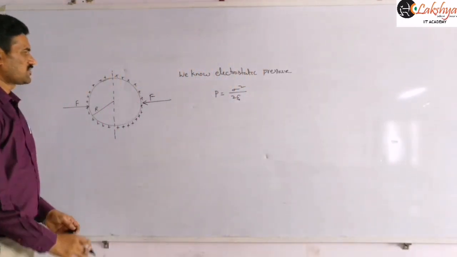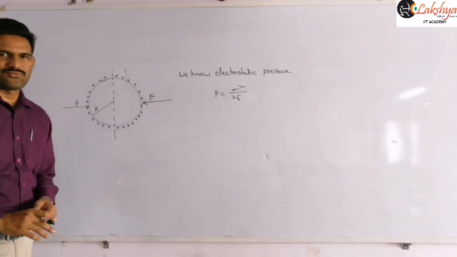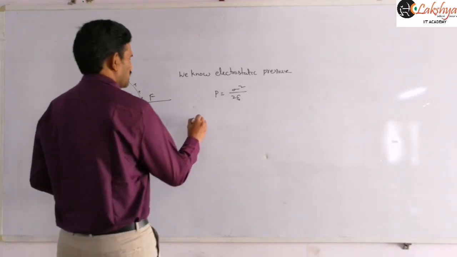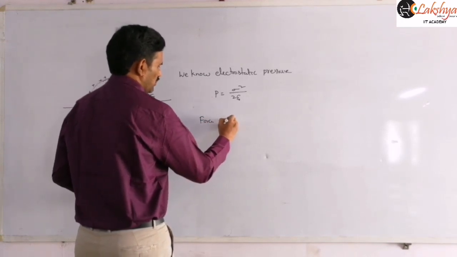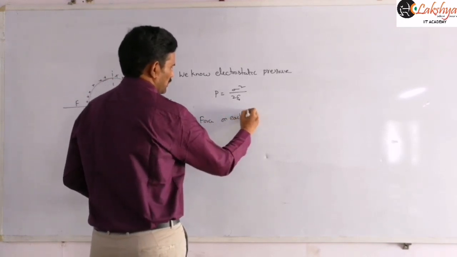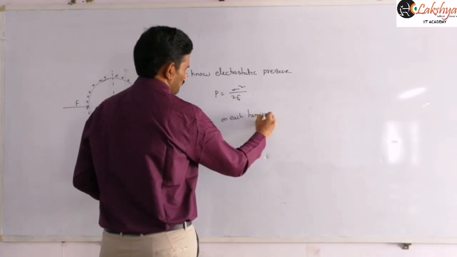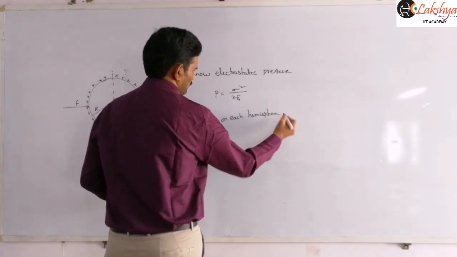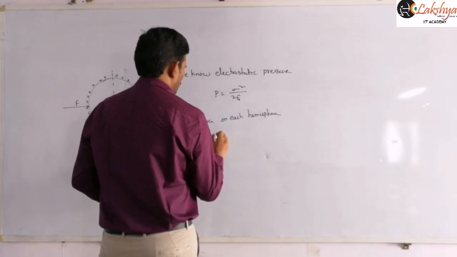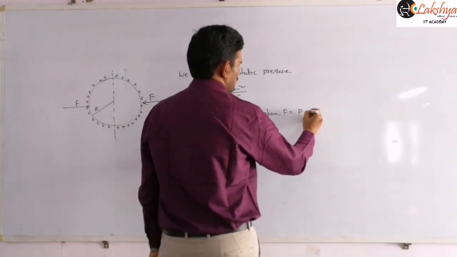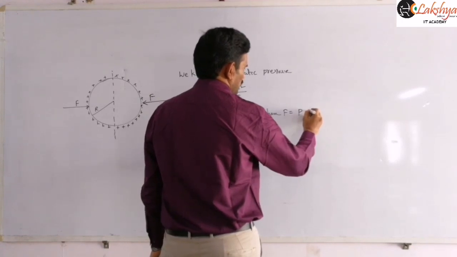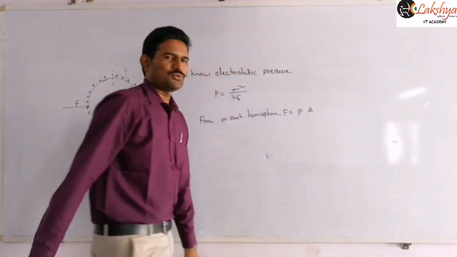Now we need to write the force. So the force on each hemisphere is F equal to P into A, that is pressure into area.